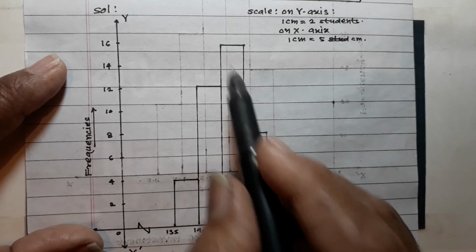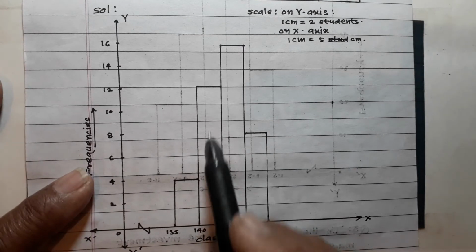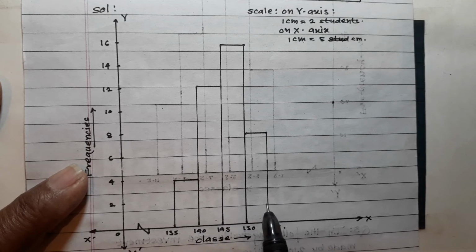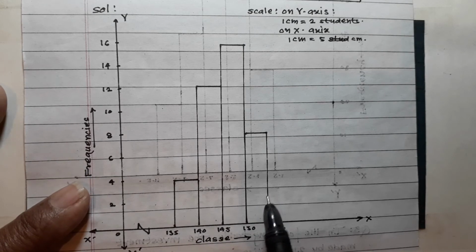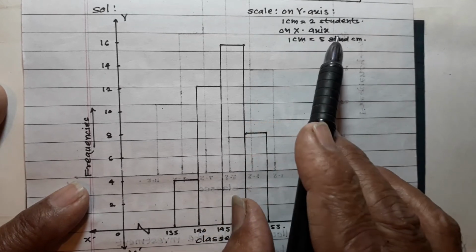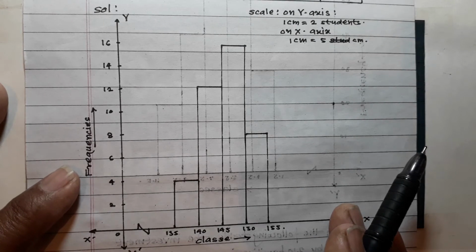Okay, so in this way you draw the graph. So all these rectangles are joined to each other. Okay, now here scale is very important. So take one suitable scale so that your figure looks good.